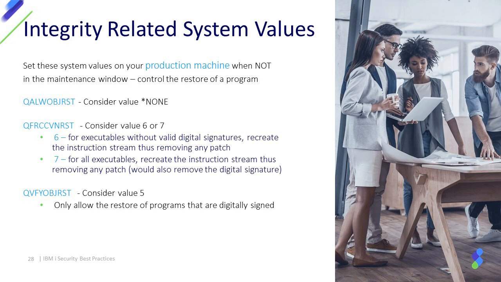And what this does basically is to say, okay, if somebody is able to get into SST on a test partition, let's say, and patch a program and now take it to your production environment and restore it, if you have this system value set correctly, it will recreate the instruction stream of the program and remove that patch that was added. And so typically the recommendation is really that if you're in the production environment, take a look at these system values, set them to secure values when you're in production mode.